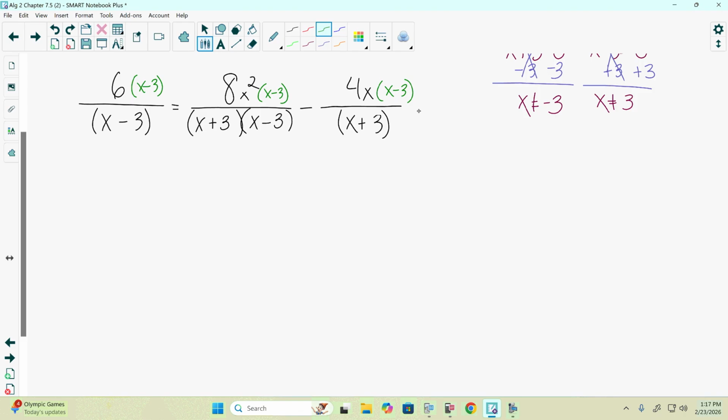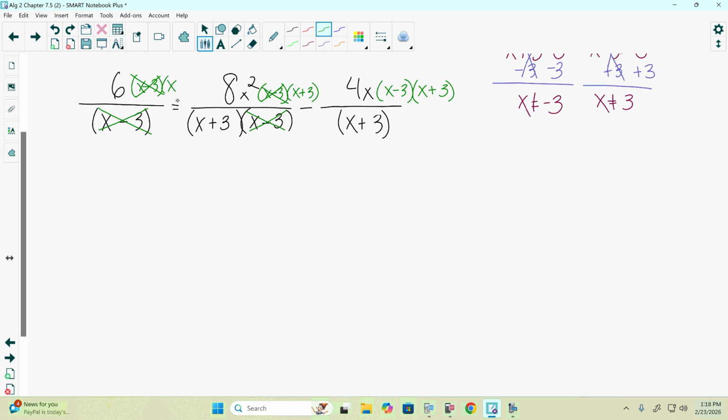Now, on the far left, x minus 3 divided by x minus 3 will simplify to 1, and so those are gone. In the middle expression, the x minus 3 there on top and bottom would simplify. However, on the far right, we have x minus 3 on top, we have x plus 3 on bottom. Those would not simplify.